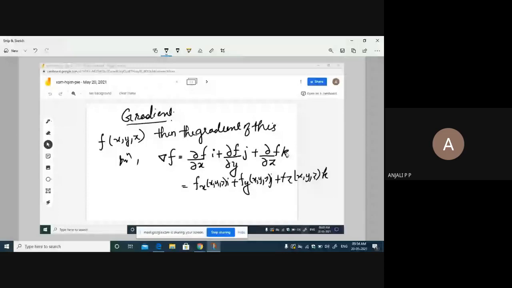So this is clear now, the formula for finding the gradient, or this is the definition of gradient. f of x, y, z is a function having x, y and z, and this is also known as a surface. So the gradient of the surface or the gradient of this function is defined as del f, and the formula is this. Clear now?